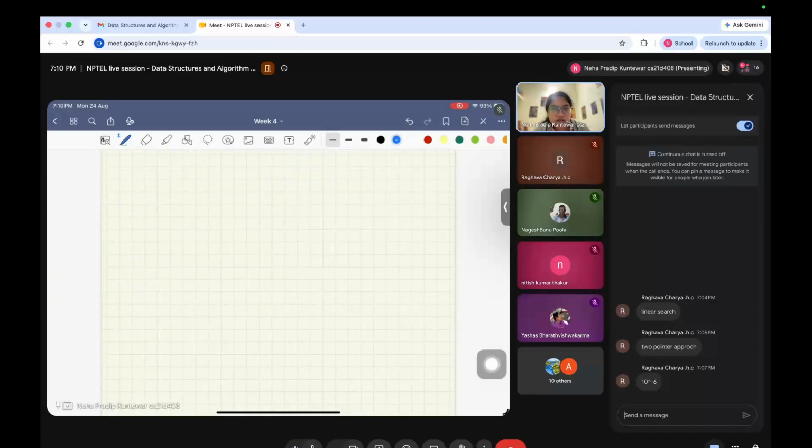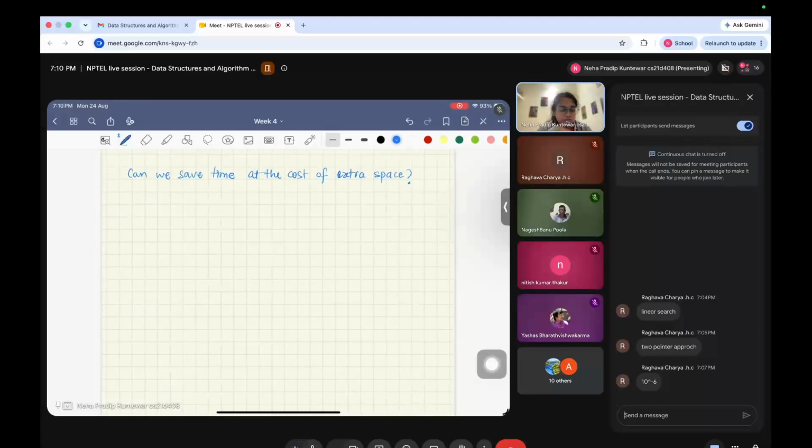So even though it was a linear time algorithm, we are not happy with it. So can we save time at the cost of extra space? That is the question. Can you think of something better?